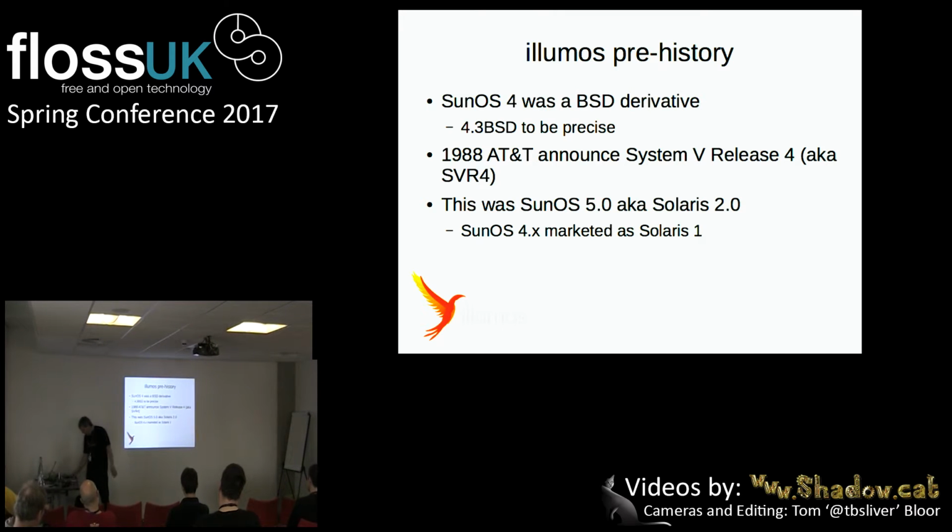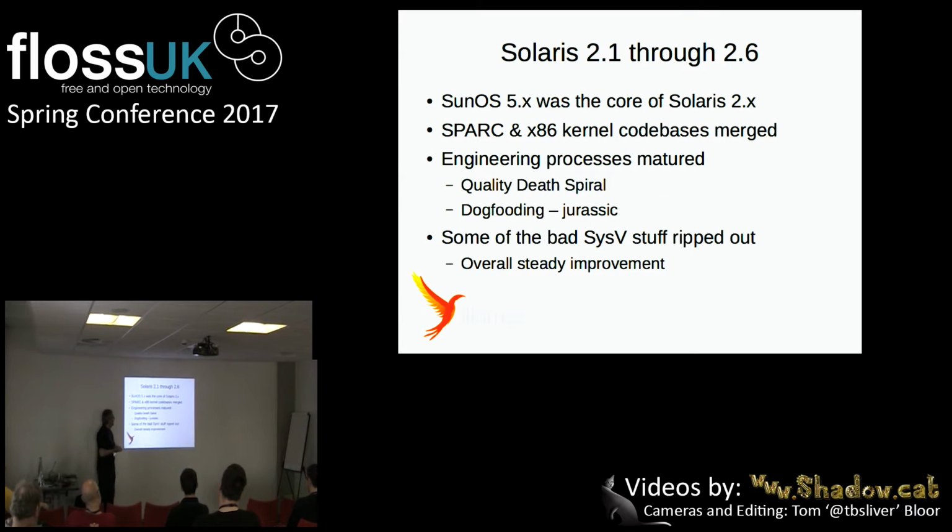And there were things like Solaris 1.1.1 U1 or something to try and match these things up. So Solaris 2.0 of itself wasn't terribly interesting. I don't think I ever ran Solaris 2.0. I ran 2.1 and everything since.